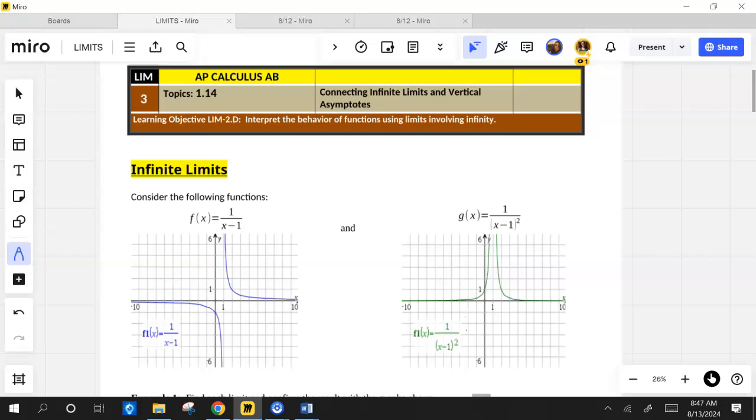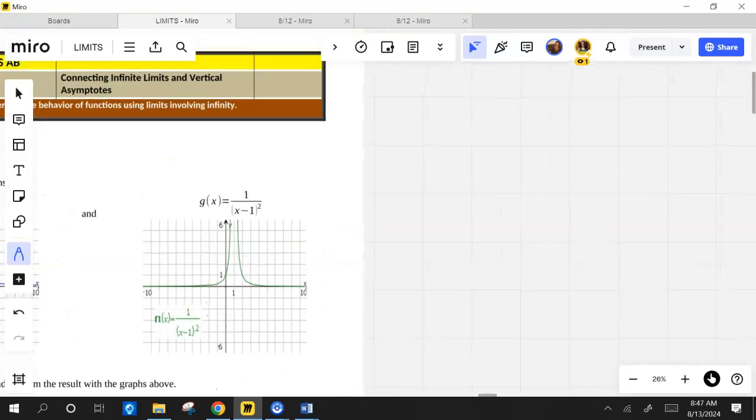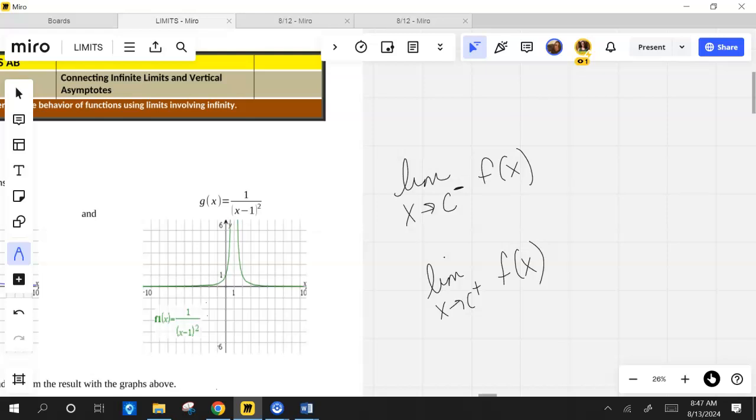All right, here's what you need to know. Limits that are going to infinity. If you ever take the limit as x approaches some value, either from the left or from the right, this is one of those things that just makes sense, but they might say, why does this happen?